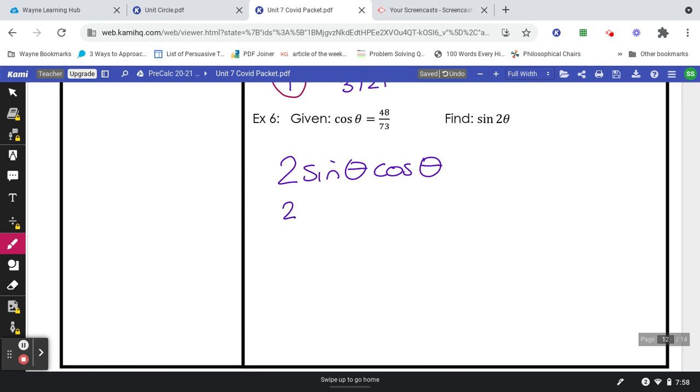All right, so 2 over 1 times, and remember they didn't give us sine, so that's what we have to find over here. Just kind of leave it as a blank spot right now, and I'll fill in my 48 over 73 for my cosine. Create a triangle.